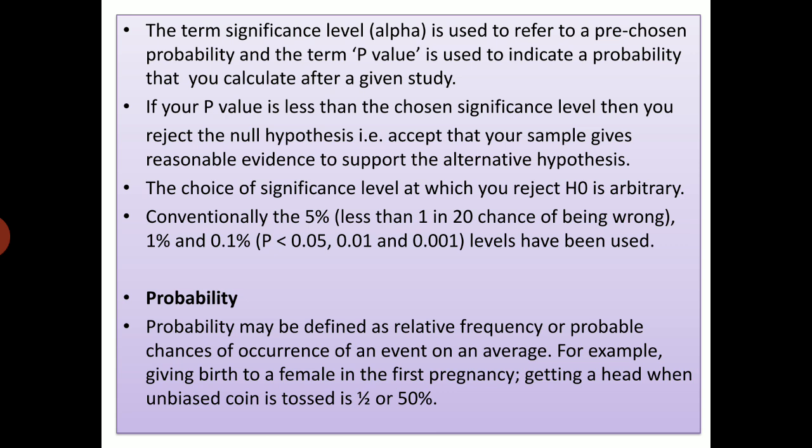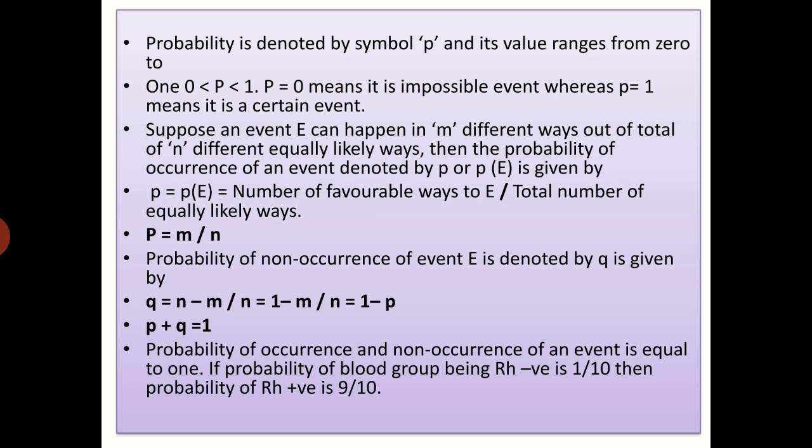In natural probability it is 50-50%. Either it will be a boy or a girl. Getting a head when an unbiased coin is tossed is half or 50%. Both sides are the same, so when you toss, whether it is head or tail, the chances are 50%.